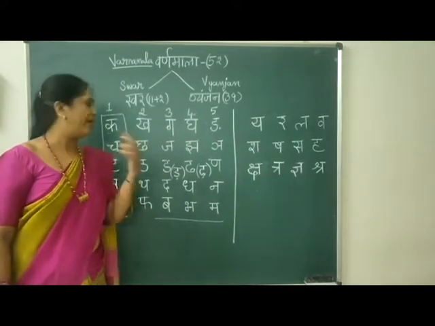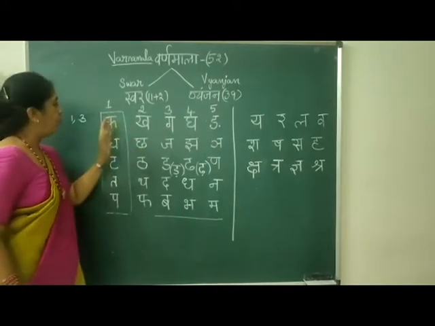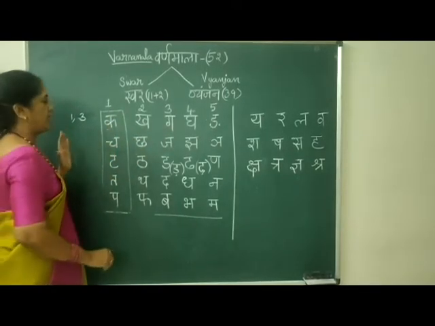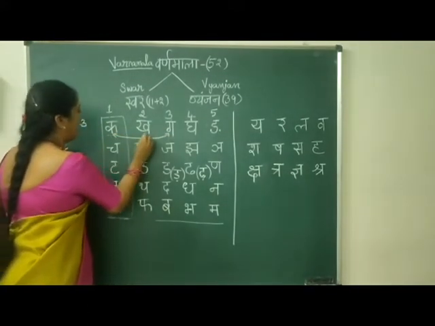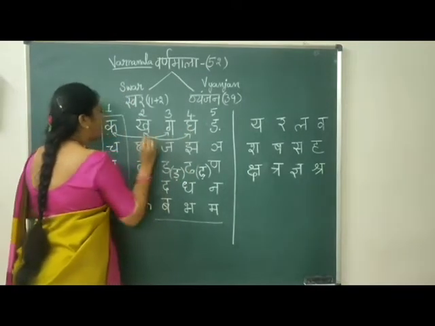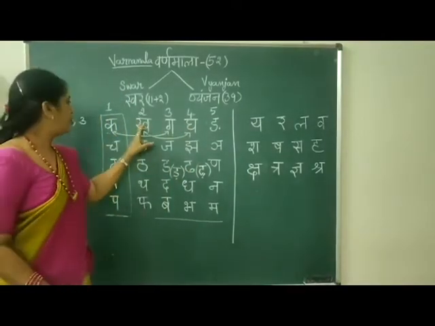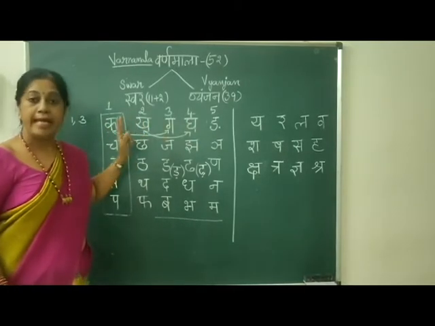Now the first and the third rows are light sounds, and the second and the fourth rows are pressure sounds.